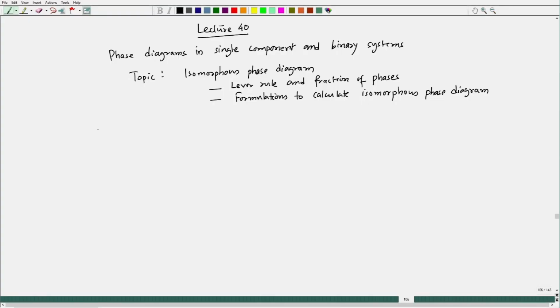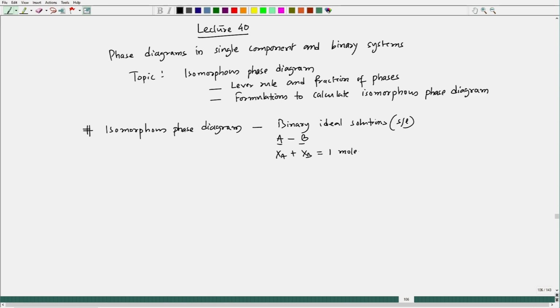Okay. So, now here what we have done, we have drawn an isomorphous phase diagram in case of binary ideal solutions, solid and liquid, and here the components are A and B, that are two metals, XA and XB basically the mole fractions of A and B, and that has been chosen in such a fashion that it leads to 1 mole of solution. Okay.